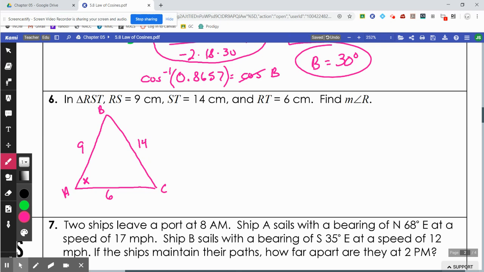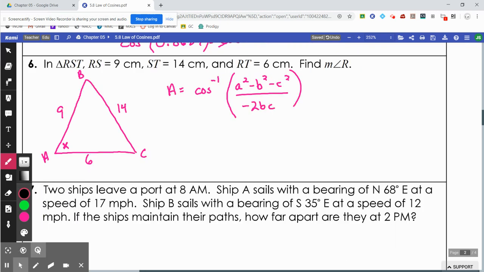So, again, in order to do that, I can actually do it the way I just showed you. We can take and manipulate our formula and figure out what this is equal to. And here's where I solve my formula for A. And there it is. And now we can simply take and plug our information in. So our angle that we're looking for will equal the inverse cosine of, on top, we're going to do A squared, which is 14 squared, minus 6 squared, minus 9 squared.